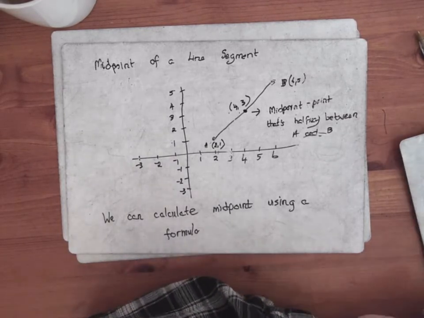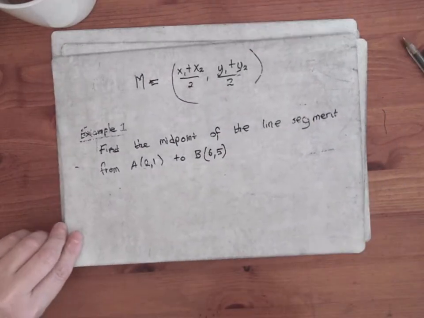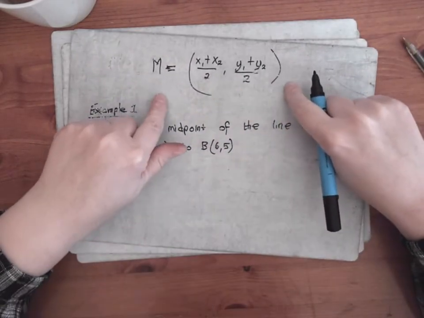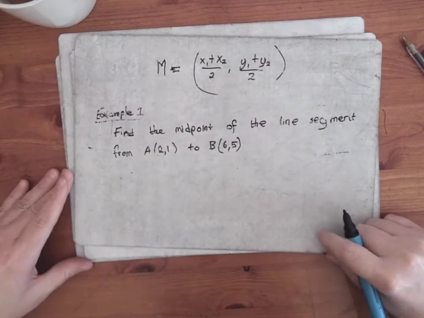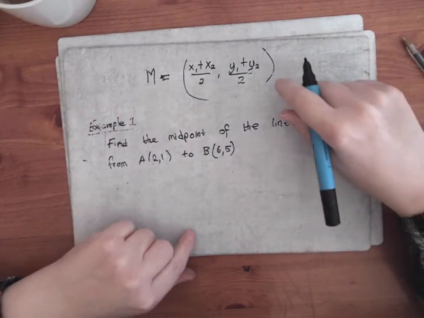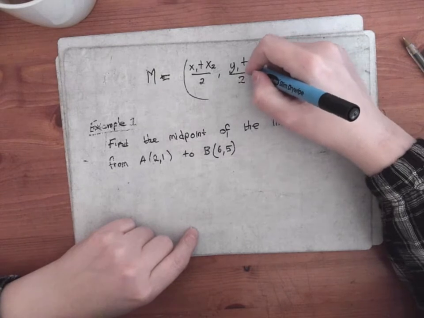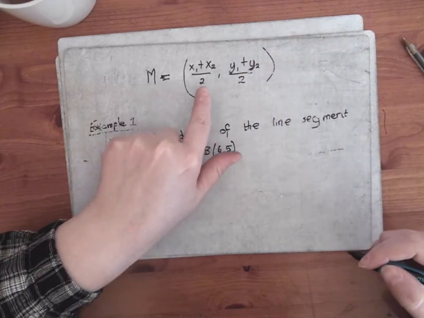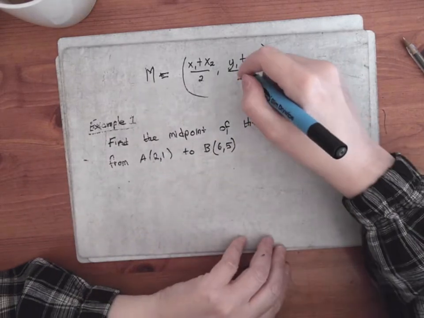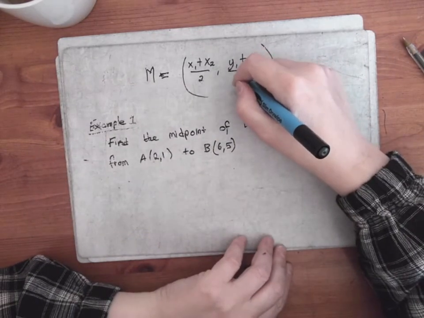Right, okay, the midpoint formula is here. Now you don't need to learn the formulas because all the formulas that you need will be given to you in a formula and tables book, which you got in your math pack, but we'll talk about that later. You'll find this formula in there, so you don't need to learn it, we just need to learn how to use it.